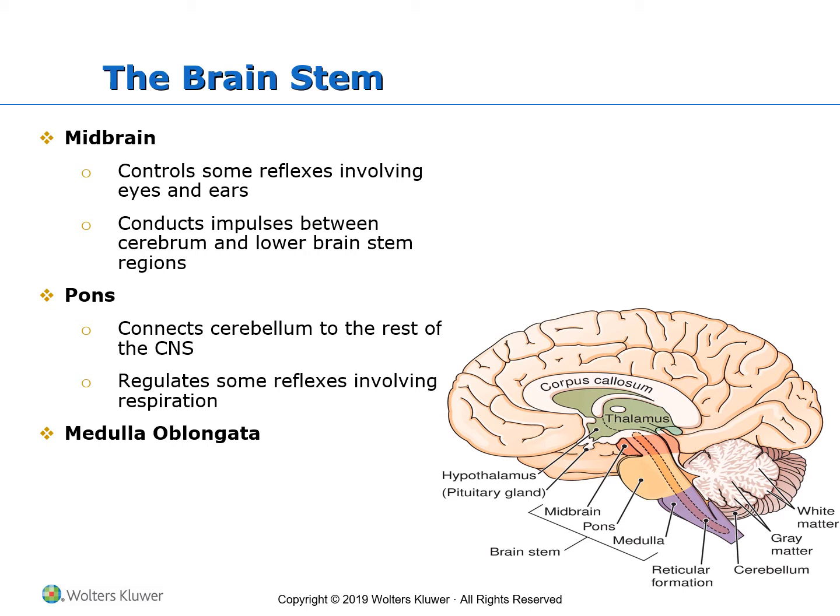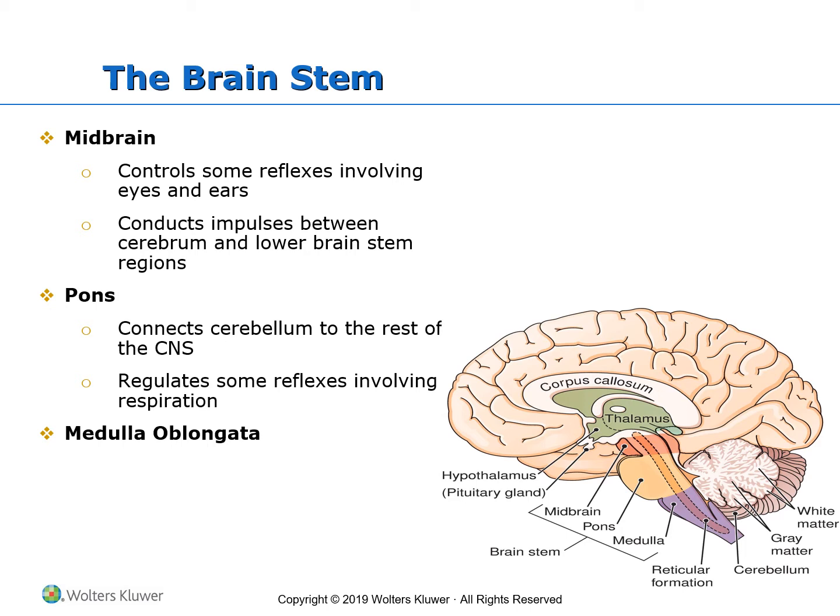Medulla is the last part of the brainstem and makes the connection between the pons and the spinal cord. It contains a lot of myelinated fibers, so from the outside it looks very whitish. However, inside we have some inclusions of gray matter that are called nuclei or centers.